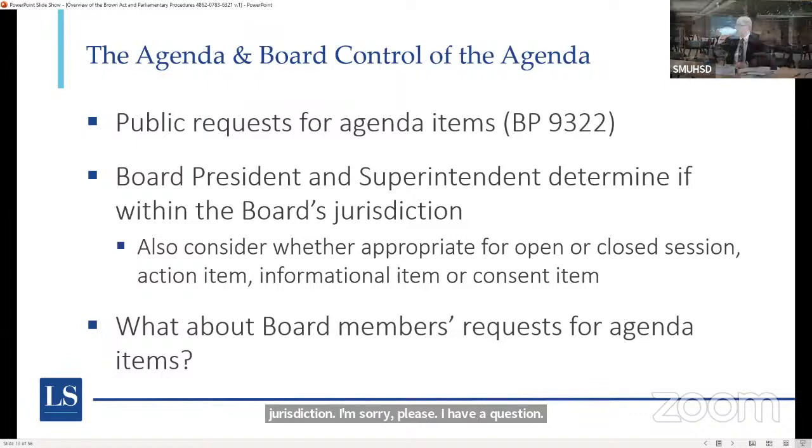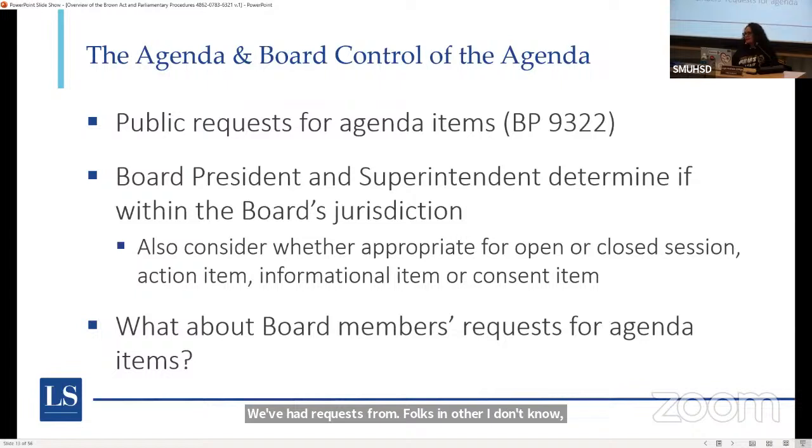We've had requests from folks, not necessarily from school districts, but events that happen in the community, to put it on our agenda. And we have used discretion on how long our agenda is. There are different things that we look at depending on what we want to add.